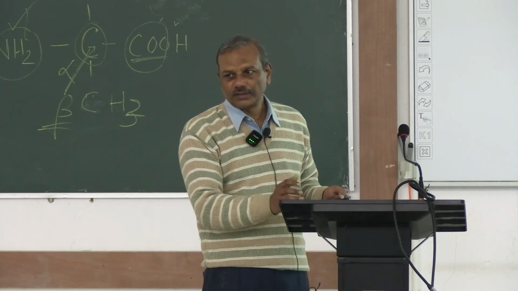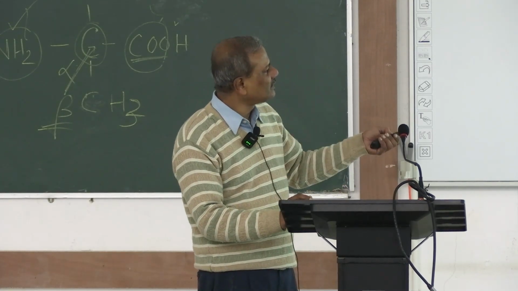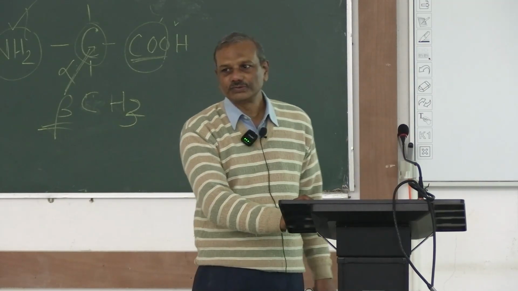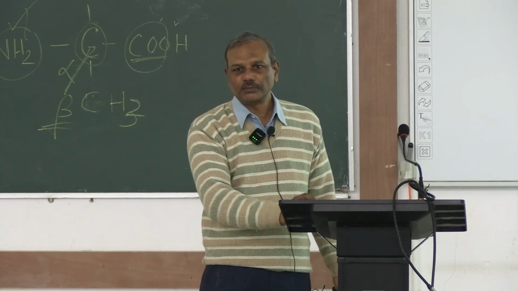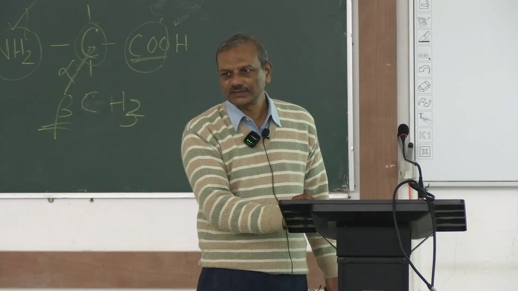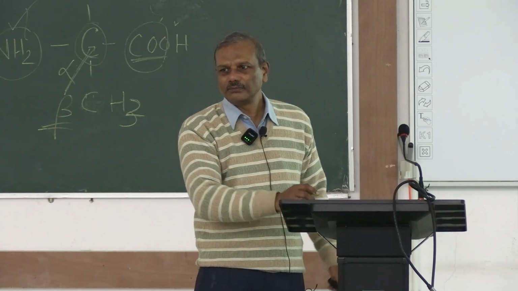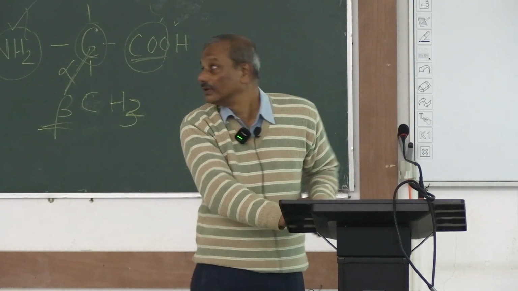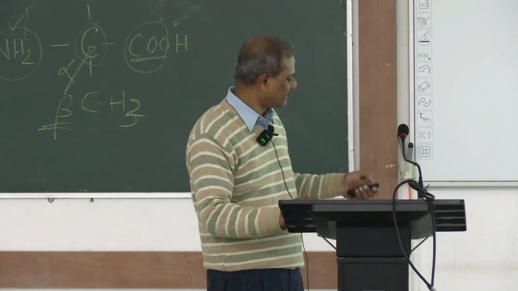So, this is a complete breakdown. If you reverse this thing, then from all these 3 structures, glycine will be produced. So, when the body is in need of glycine, it will be synthesized in that backward direction. When the body wants to break it down, it will break it down in that way. That is the thing. Okay.